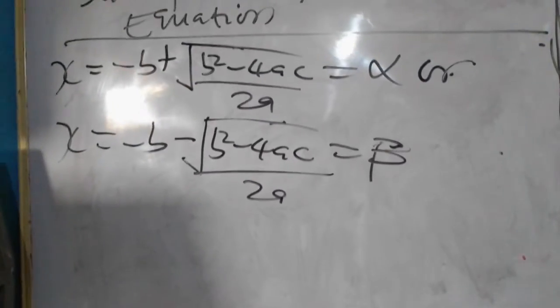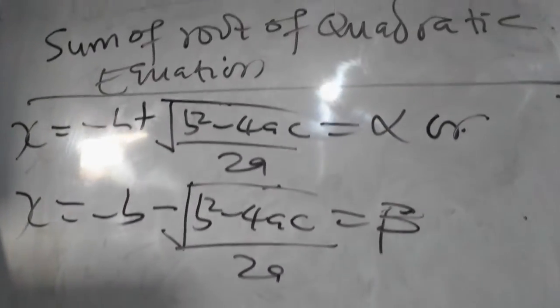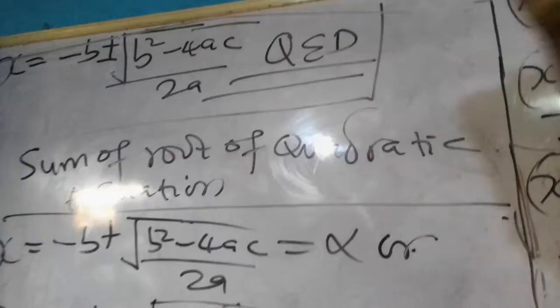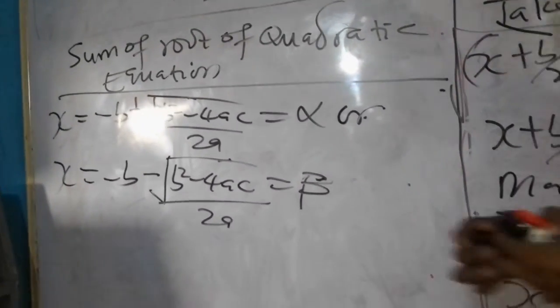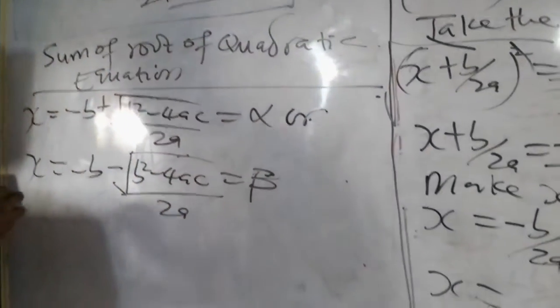In this case, we are combining alpha plus beta. That is the sum. We are finding the addition.